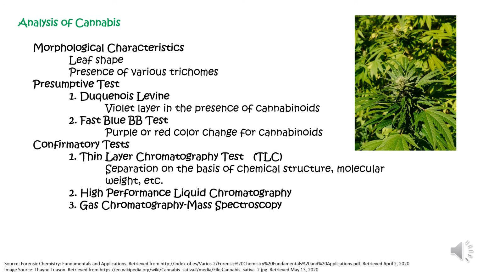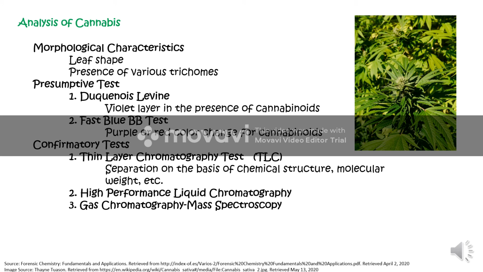Okay, aside from the Duquenois test, we also have what they call the Fast Blue BB test. This test would give a purple or red color change for cannabinoids, so very similar to the Duquenois test.